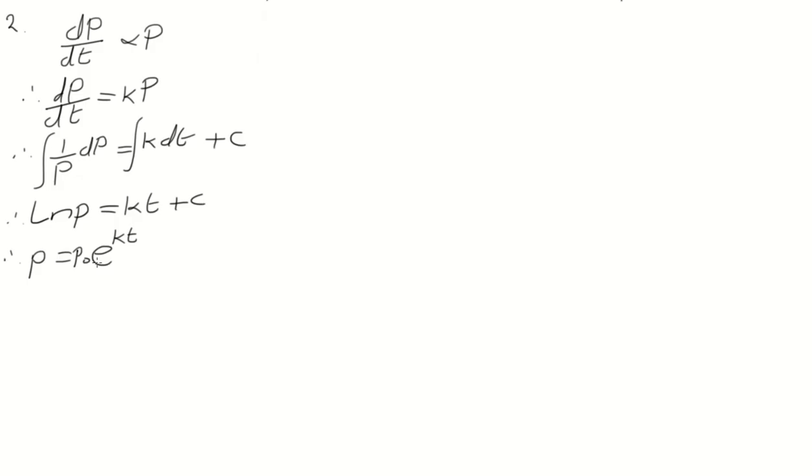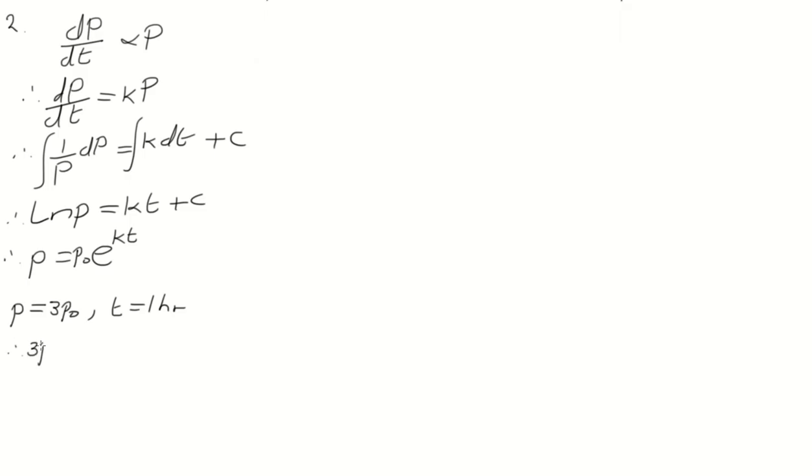The next thing we have to do is go back into the story and continue with what the other lines are telling us. They say if the population triples in 1 hour. So we have a condition here: P is equal to 3 times the original P in t is equal to 1 hour. It's a condition that we must apply. It will give us a value of k. So P is equal to 3 P naught, but P is equal to the exponent.